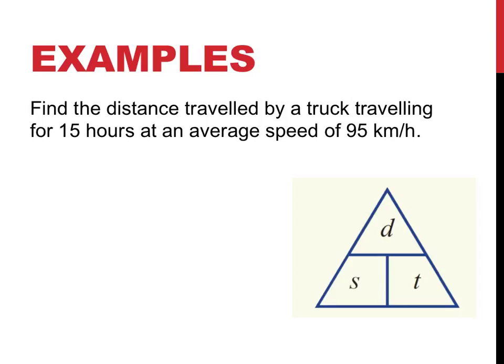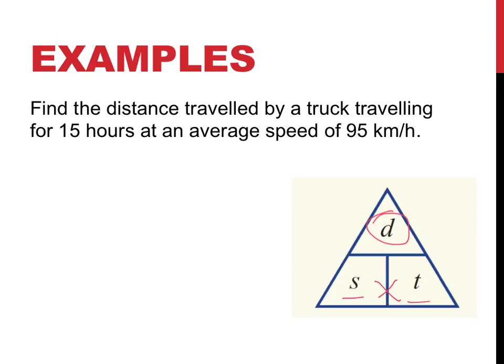We're trying to calculate distance. We've got distance up the top, and then speed, and then time. The way we calculate distance is distance equals speed times time. Even if you didn't know that, you could look at it: 95 kilometres an hour, 15 hours.